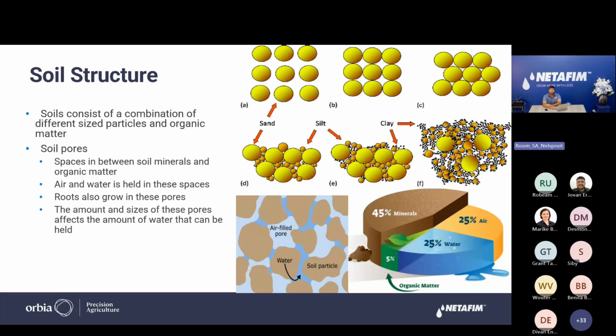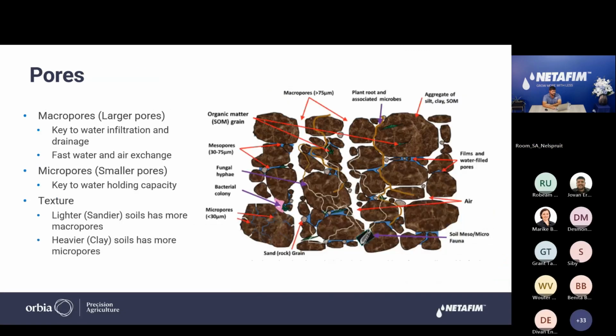Same ratios I just explained earlier. If we dive a bit deeper into pores, we get macropores, and they are generally considered the larger pores. They are key to water infiltration and drainage. Drainage is very important because you need to get oxygen into your soil as well in order for your roots to take up water and for your plants to be healthy.